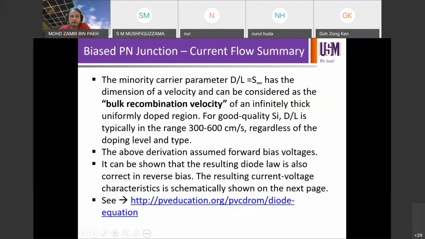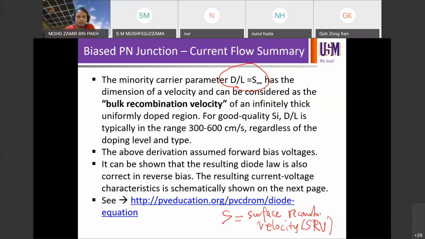But for the minority carrier, the parameter D over L is equal to S. This S is the surface recombination velocity, or we normally call it SRV. It has the dimension of a velocity and can be considered as the bulk recombination velocity.